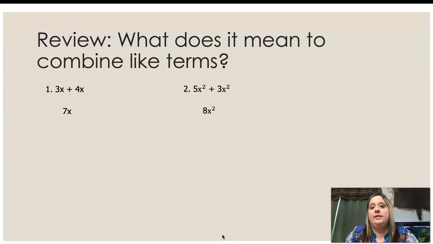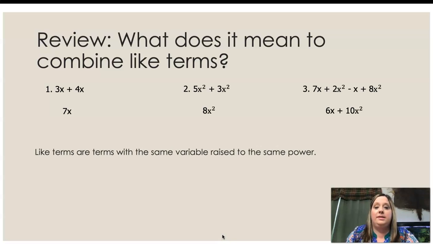Right, 8x squared, because we would add them together and we're combining them. The next one, if we combine the like terms here, what would we have? Steve. Okay, don't forget, we're subtracting x. So we have 6x plus 10x squared. Good job.